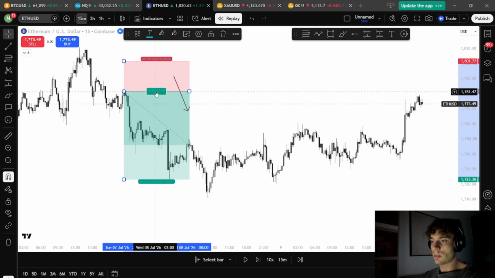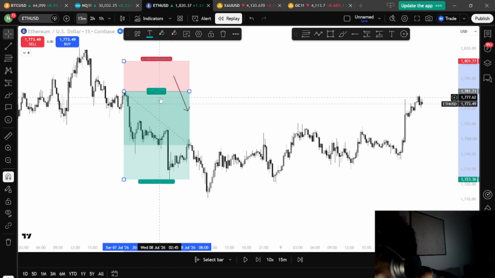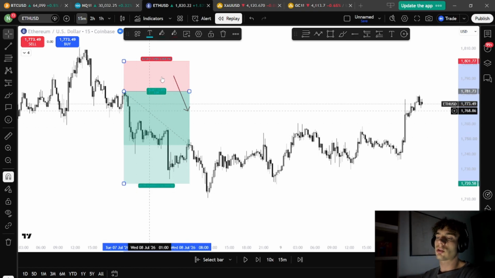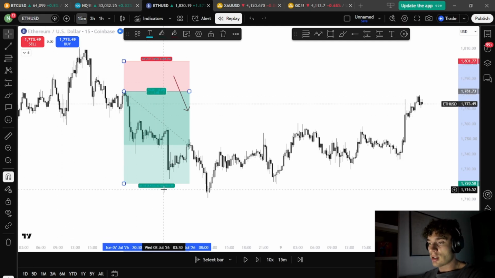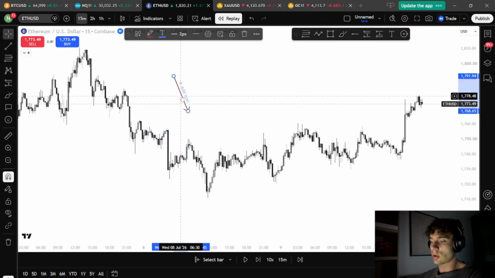For example, you're risking this much to gain this much, and this is almost 1 to 3, which means that you're risking 1 to gain 3. And then you can see here and here how much that is in ticks or in percentage, whatever you like to use.